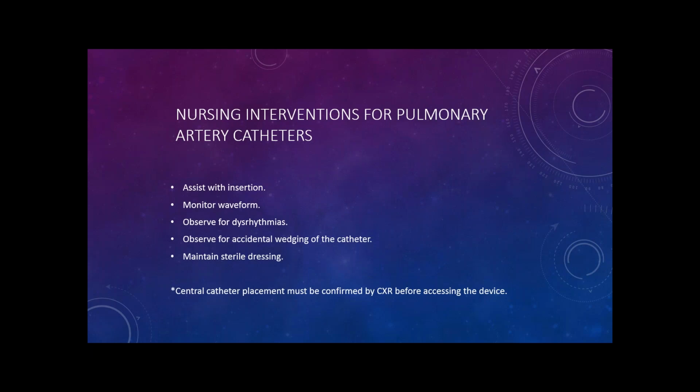Now, when we inflate the balloon, we have a purposeful wedging, okay? We can only do that for just a few seconds, and then the balloon must be let down. If the catheter moves forward enough that it starts wedging without having the balloon inflated, then that means your catheter has migrated forward, and you can't leave it there or we will have a pulmonary infarct, okay?